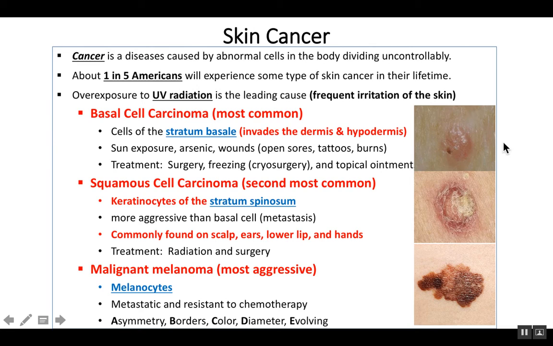So they look at the edges or borders and whether the tumor is symmetrical or asymmetrical. So this would be an asymmetrical shape. They look at the color. The color changes, kind of the variety of the different pigmentation in the tumor. They look at the diameter, which is simply the size of the growth, and then whether it is evolving or changing is another key indication.